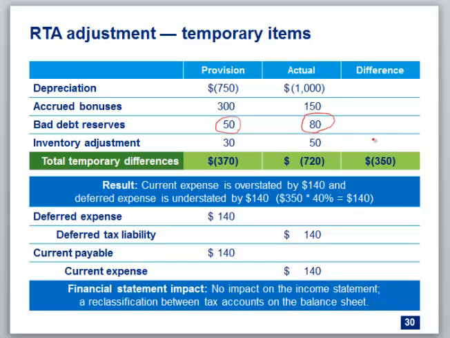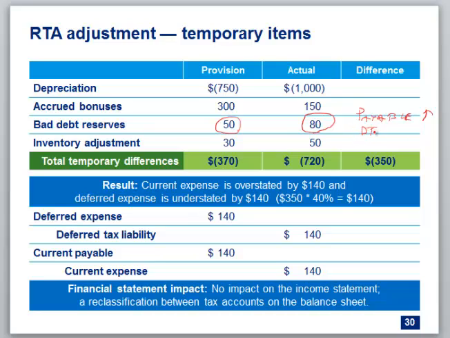Okay? So that's going to make our payable go up, right? We're going to owe more tax because we have to add back more than we originally thought. So that's a credit. We need to book a credit. So that's step one. Step two, did our deferreds change?